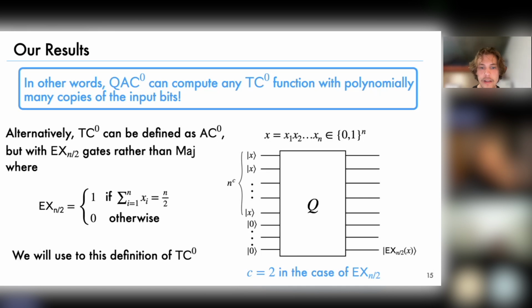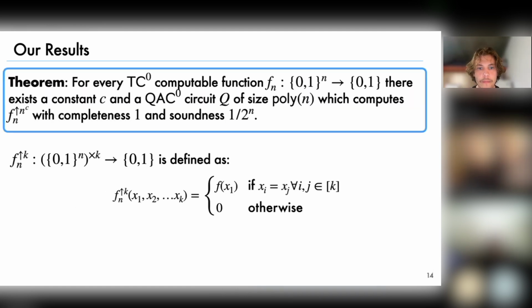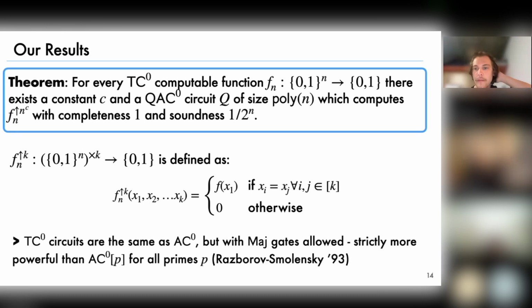Okay, cool. Sorry, I'm repeating the question by Atul, I guess, but what was the soundness condition in the previous slide? Completeness means that if f outputs 1, then you can compute it correctly, and if it's 0, then what does the 1/2 at the end mean? Right.